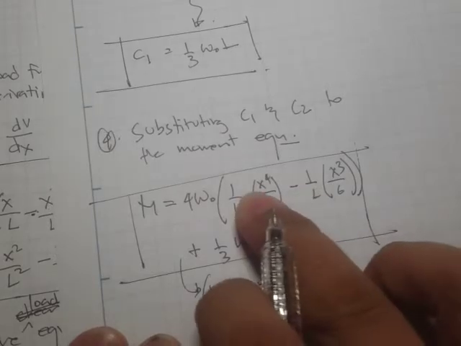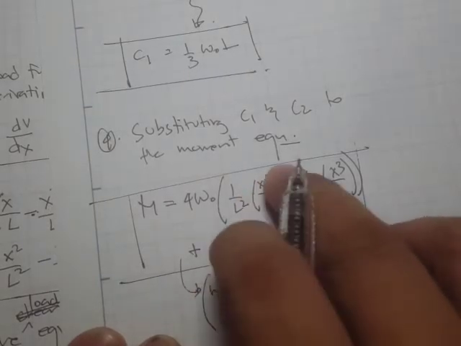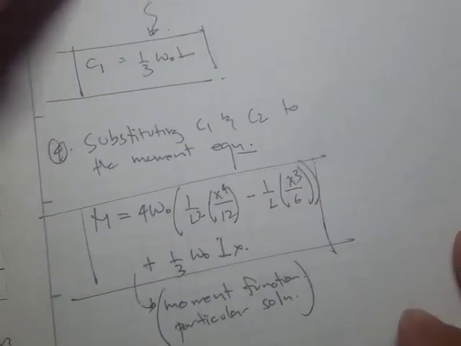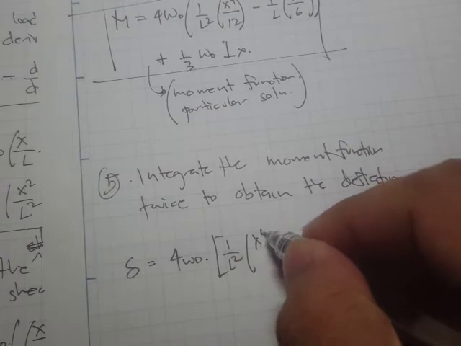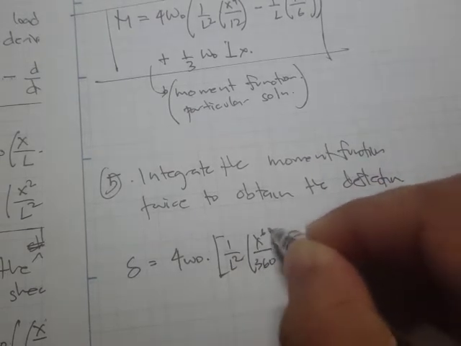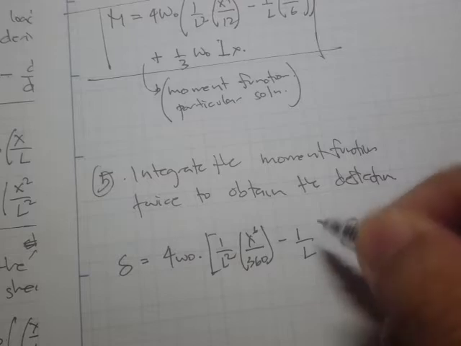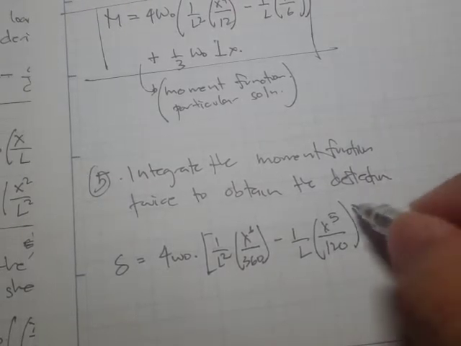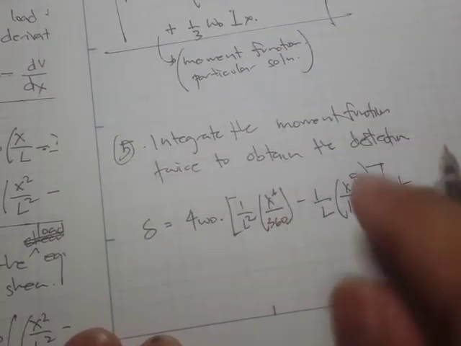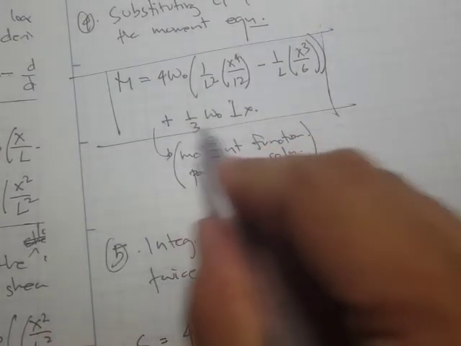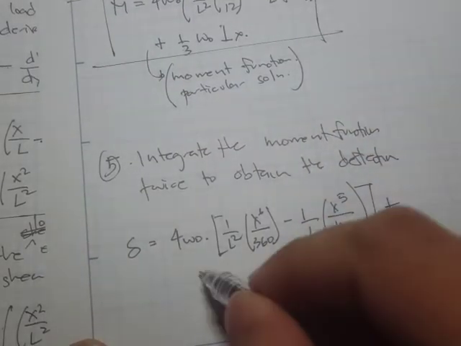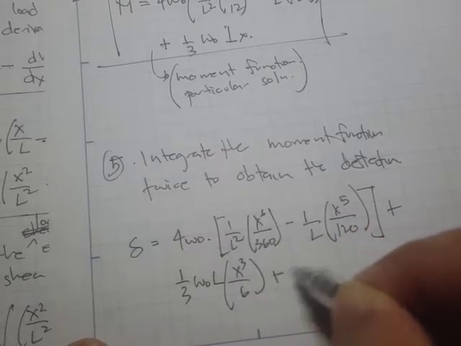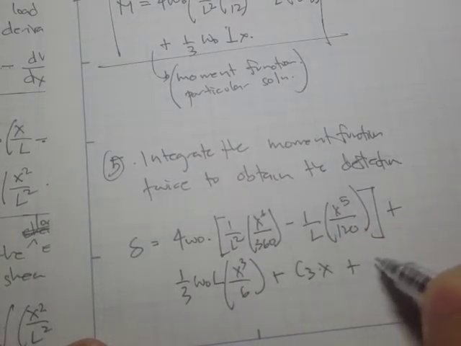From x to the 4th, what we get is going to be x to the 5, plus another integration, so that's going to be x to the 6th, and right here will be 360, 1 all over L, then x to the 5 all over 120, plus the third term, plus c sub 3 times x, plus c sub 4.